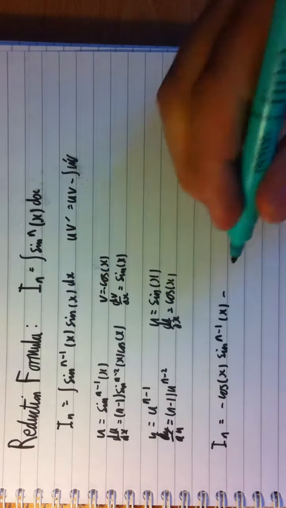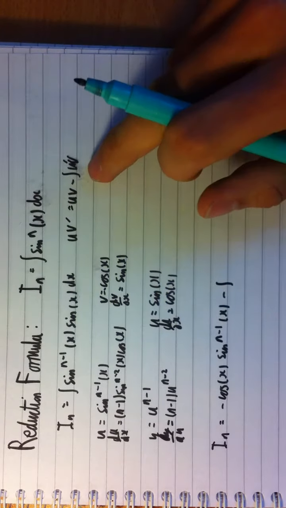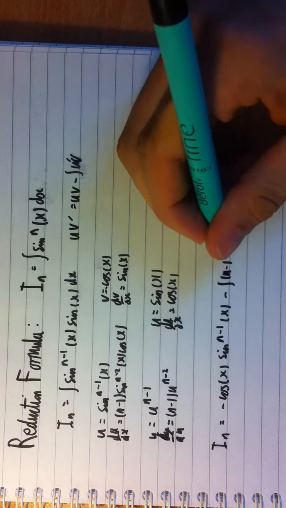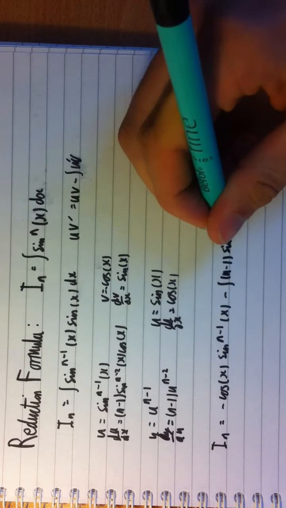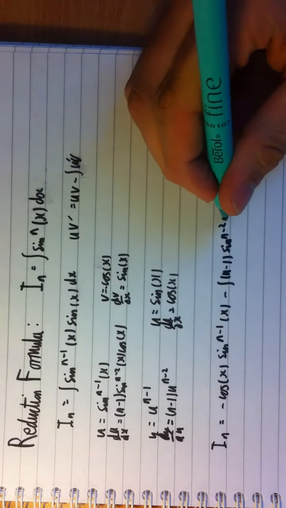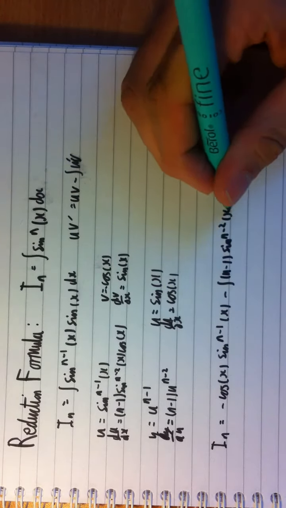Take away the integral of the derivative of u multiplied by v, which is (n-1) sin^(n-2) x cos x multiplied by negative cos x. So if I change this sign to a positive, then cos x multiplied by cos x becomes cos squared x. This is integrated with respect to x.